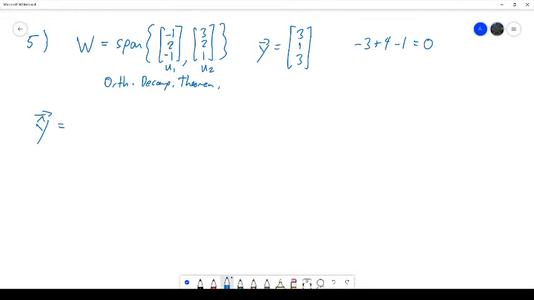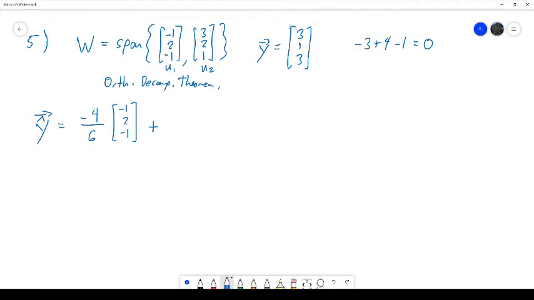So the projection of y onto u1 means the dot product of y and u1, which is -3, 2 and -3, that's -6, and 2 is -4. And then the dot product of u1 with itself is going to be 1 plus 1 plus 4 is 6. So that times the u1 vector. And then another term for the u2 vector, so we take the dot product of y and u2.